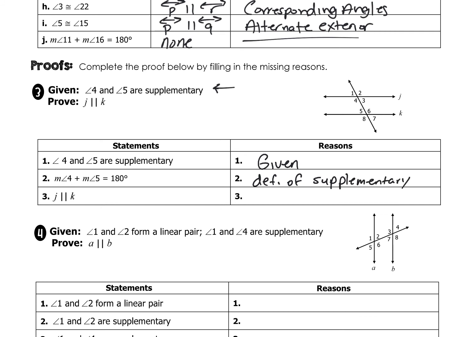And since angle 4 and angle 5 equal 180, then we can say that these lines are parallel based on the converse of consecutive interior angles.